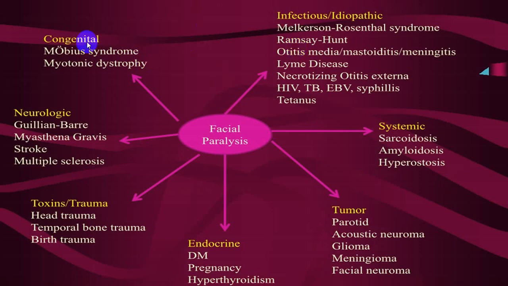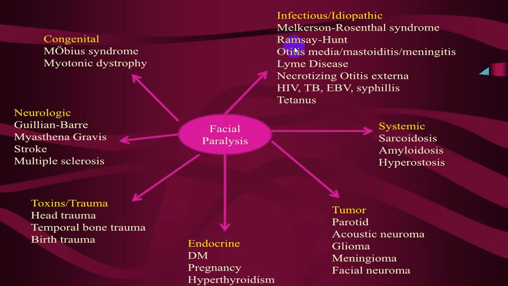So among congenital, we call it myotonic dystrophy. Among neurological, Guillain-Barré will be very common. Multiple sclerosis, stroke, myasthenia gravis will be myoneural junction disorders. Among endocrine, diabetes mellitus. Among tumor, parotid gland tumor will be very common. Systemic disorders, sarcoidosis and amyloidosis can produce it.